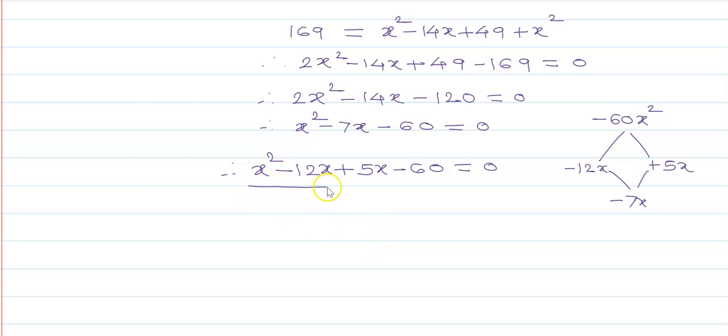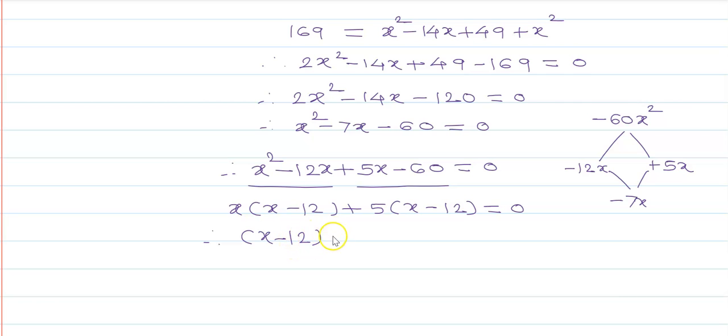Okay. Now from the first two and the last two terms. From the first two we take x as common, then in the bracket x minus 12, and from the last two we take 5, then in the bracket x minus 12, bracket complete, and that's equal to 0. Therefore, (x minus 12) is the first bracket and the second bracket is (x plus 5), that's equal to 0.